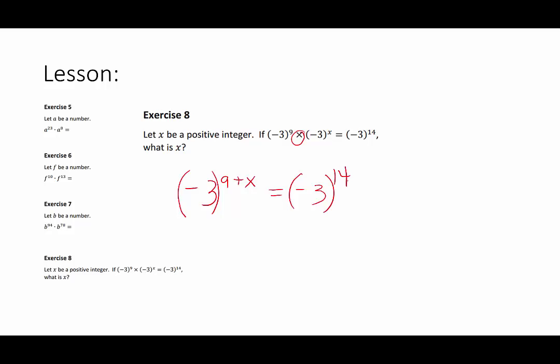So we need to think, what number plus 9 is equal to 14? Well, I know that if I put a 5 in here, 9 plus 5 is going to be 14. So the x value we're looking for is actually going to be 5. And we know that they're added together because these two bases are multiplied together.